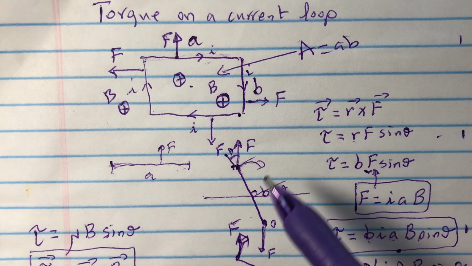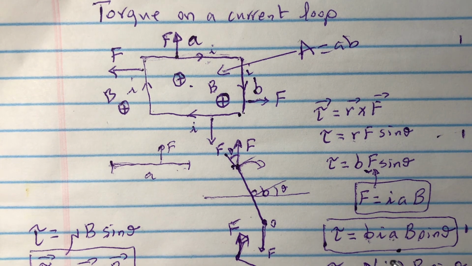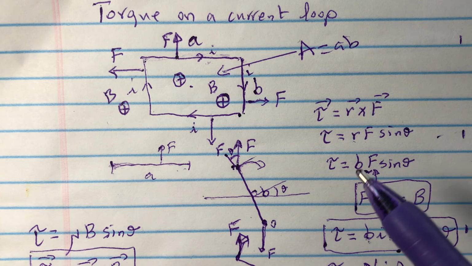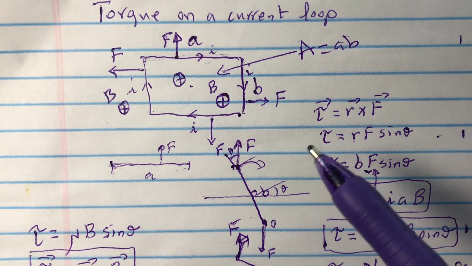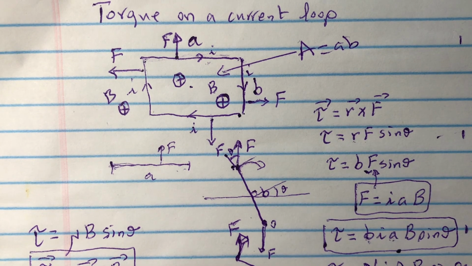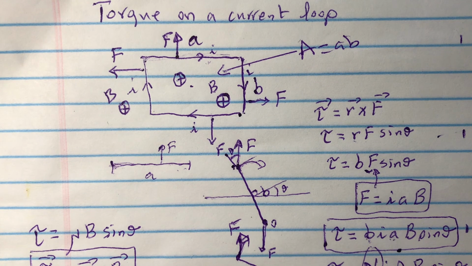So this thing is going to try to spin. So this is the physics of a motor, electric motor. So the electric motor works like this. That's why you see so many wires. The electric motor is heavy because you have so many wires, because they want to increase N. Because if N is so big, the torque is so big, so you can rotate.